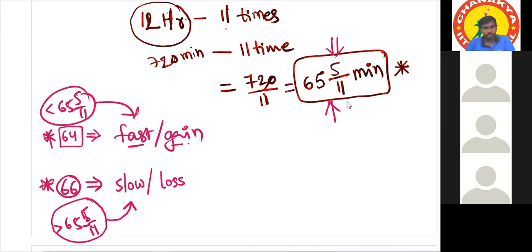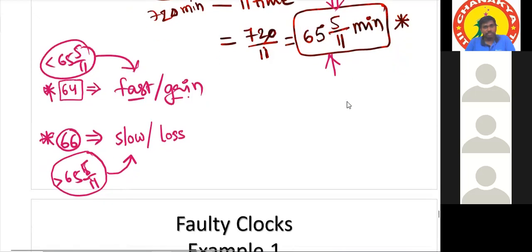Suppose in a faulty clock it is taking 64 minutes only, then it is not a correct clock. We have given 65 5 by 11, but it is taking 64 minutes. Means it is moving faster, so it is gaining time. If it is 66, more than 65 5 by 11, then it will be slow and it is losing time.